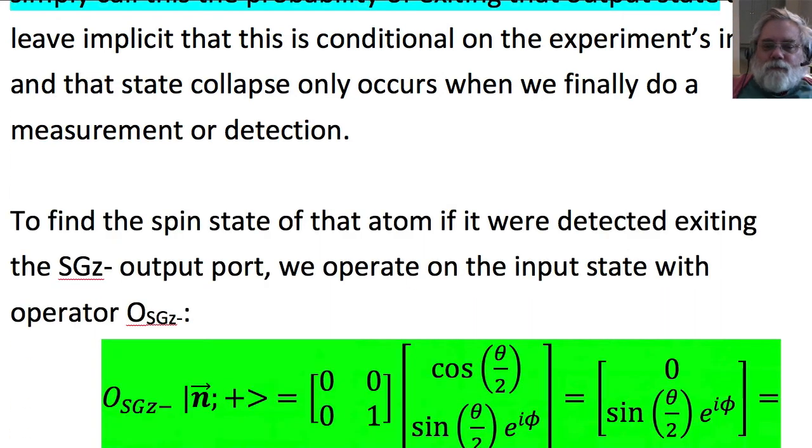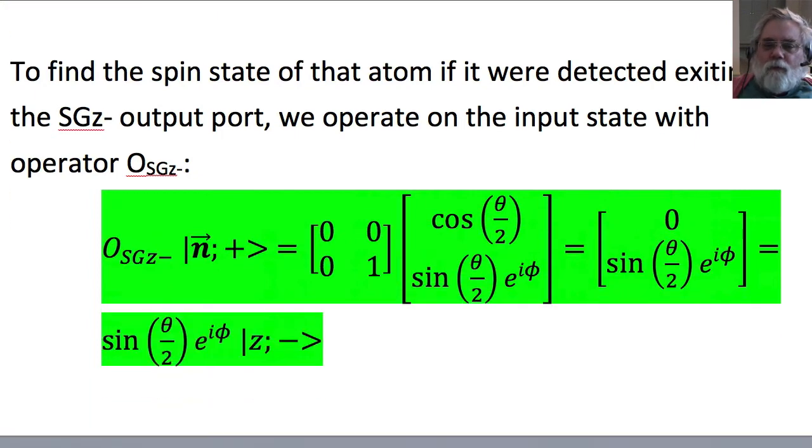Now, to find the spin state of that atom if it were detected exiting the SGZ minus output port, we operate on the input state with the operator SGZ minus, which we've already worked out. So here's operator SGZ minus: 0, 0, 0, 1. Here is state n vector plus: cosine theta over 2, sine theta over 2 e to the i phi. We multiply them together.